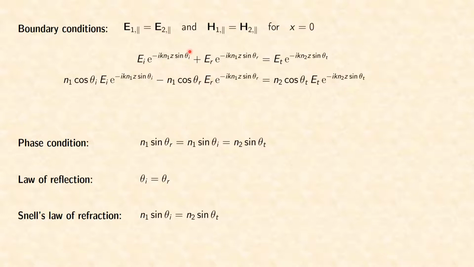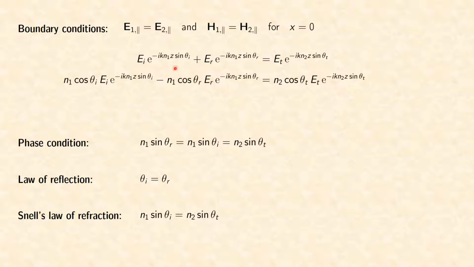That can only be the case if these equations are both fulfilled for the phase and for the amplitude independently. And therefore we split the equations into a phase condition and later on the amplitude condition.